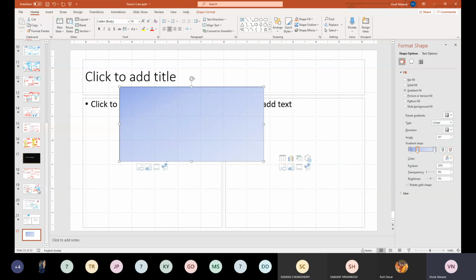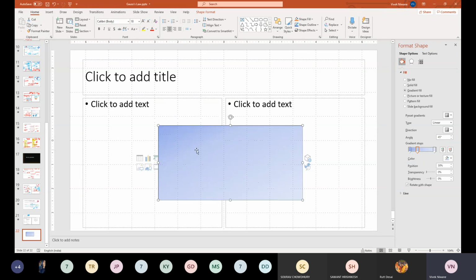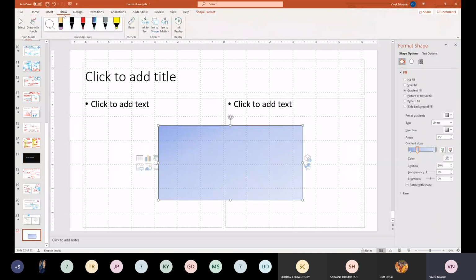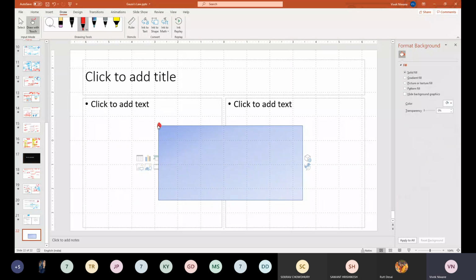Okay, blue gradient. So let us go back to the electric field. If I say that we have a point charge situated over here, it will have its electric field.